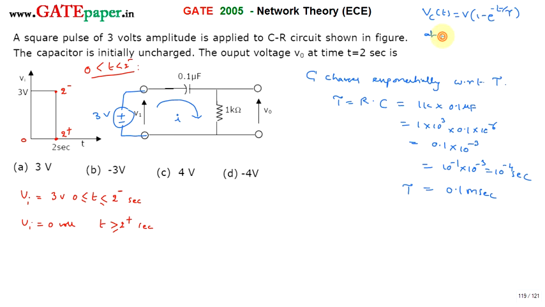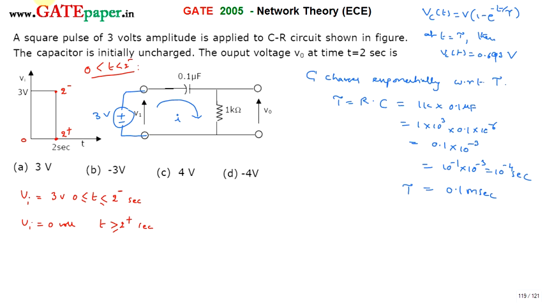At t equal to tau itself, Vc of t is equal to 0.693 V. 0.693 V means 69.3% of the final voltage is reached within one time constant. As time progresses, at 2 tau, 3 time constants, 4, 5 time constants, the capacitor reaches towards the final value.